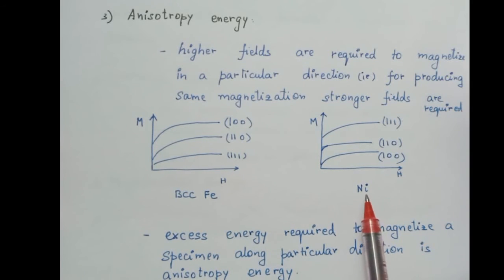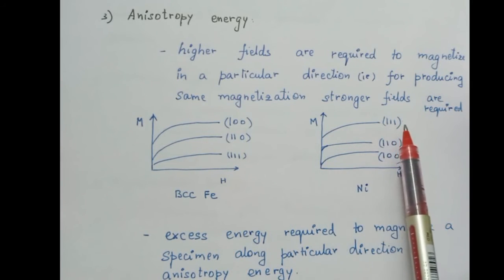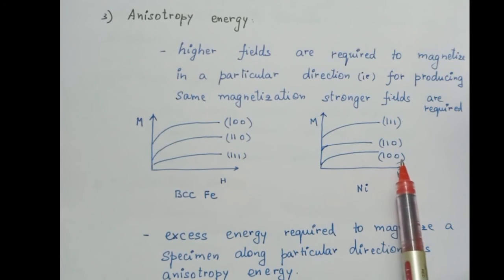Whereas in case of nickel, 111 plane is easily magnetized compared to 100 plane. The excess energy required to magnetize a specimen along a particular direction is known as anisotropy energy.